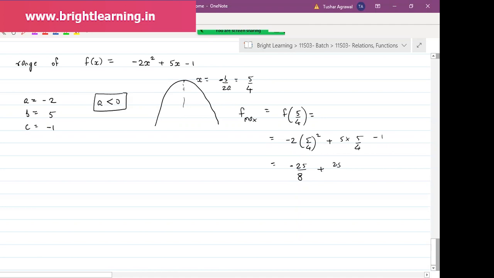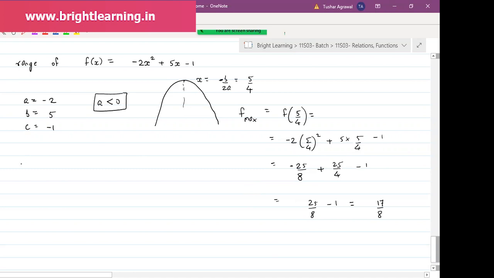Here this is 25 by 4 and minus 1. So this turns out to be 50 minus 25, 25 by 8, and then minus 1. So this turns out to be 17 upon 8. Sorry, sir, I forgot to take down the denominator.